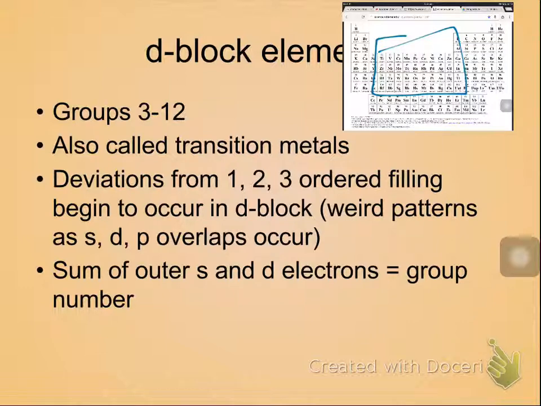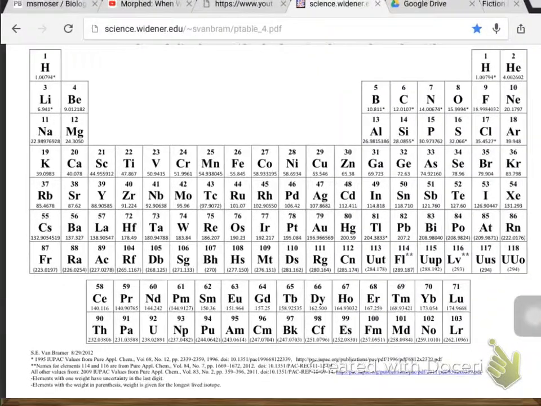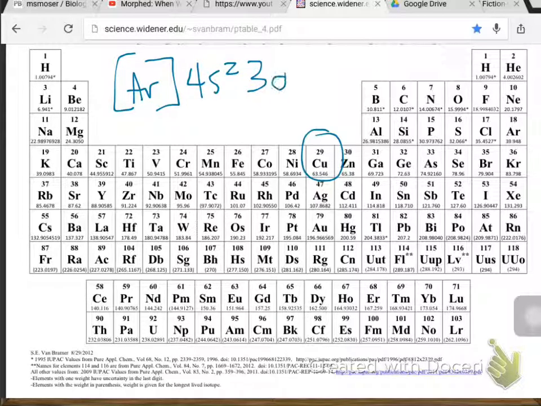Well, in the Ds, it gets weird. Because remember that those Ds are not on the uppermost occupied main energy level, are they? They're one back. So, for instance, we just did copper. And copper was argon 4s2 3d9, right?